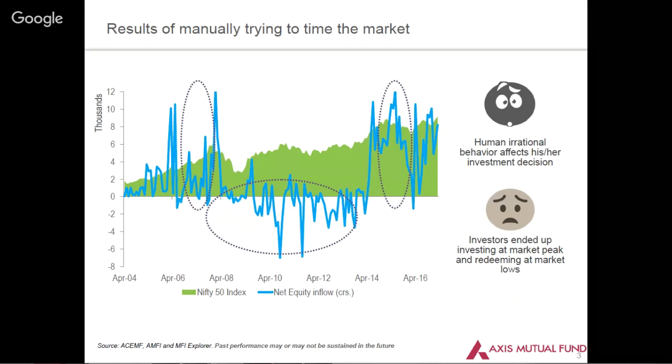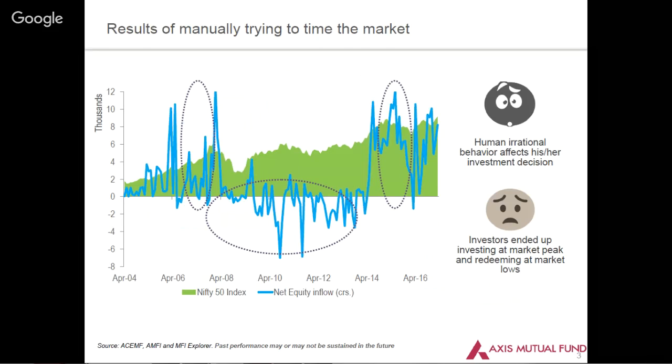And that, once again, plays on investors' minds when they are deciding how to act, or how to make their allocations for equity markets. So this, in fact, is the chart that we want to highlight. We have done this analysis of how flows into equity mutual funds have changed over a period of time.